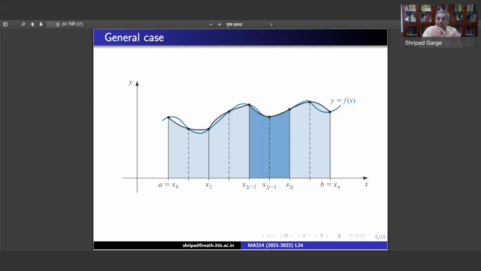Here we see that the blue line is y equal to f(x). The black piecewise quadrics are given, and then you are taking the area bound by them. So this is the piecewise, or what is also called composite, Simpson's one-third rule.